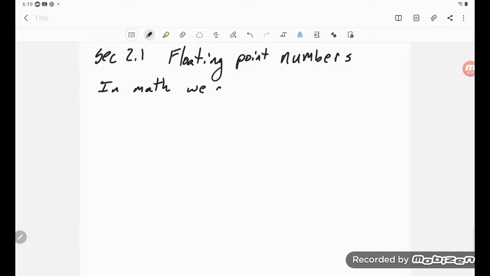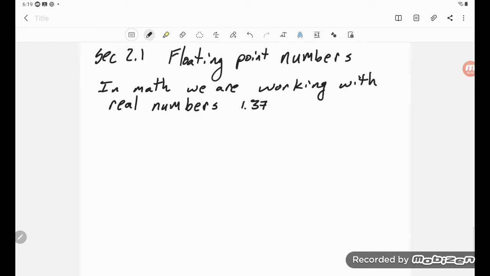We are working with real numbers is the idea. That's what we're trying to work with anyway. Things like 1.379 and pi and etc. Okay.